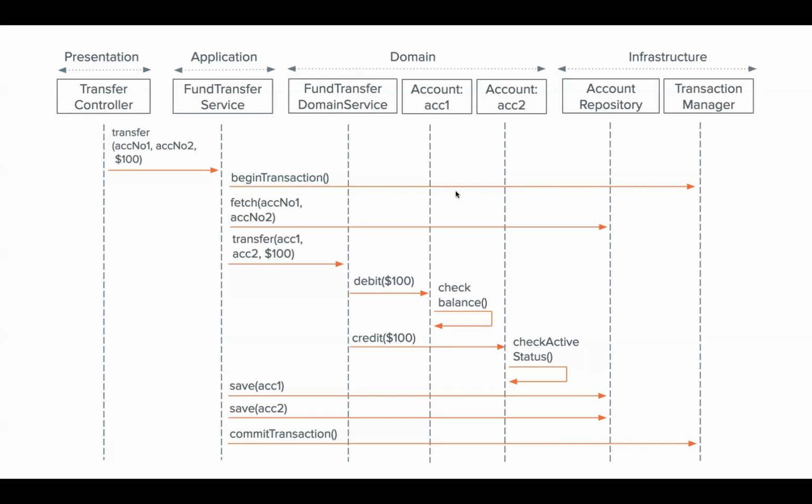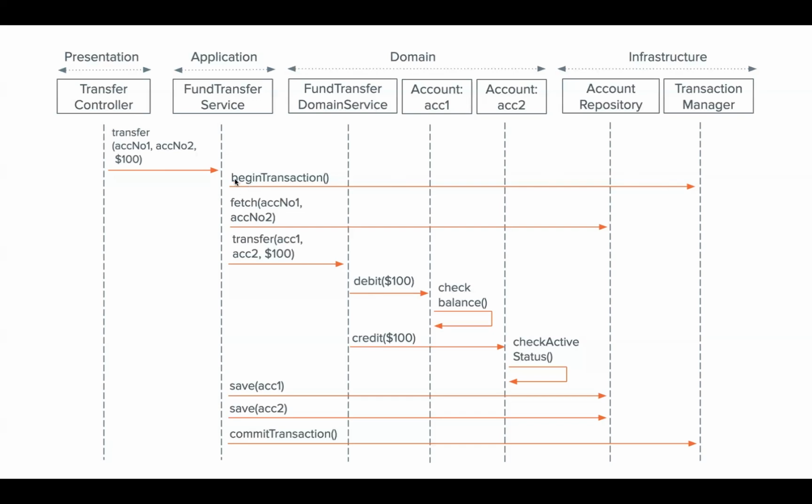Now you may ask, why not put begin transaction in the fund transfer domain service class? Now that would violate the rule we just discussed, where we said domain layer should not have any reference to persistence logic. So that's why persistence logic is handled in the application layer class.